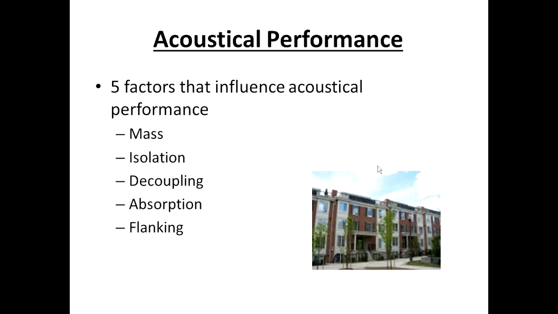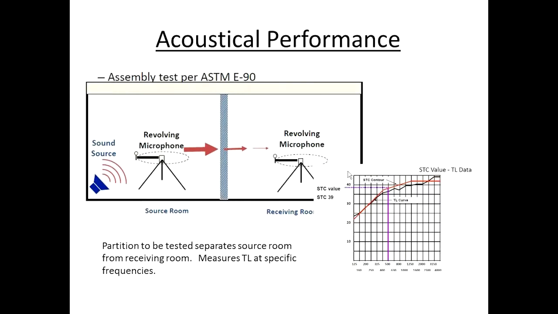So we get another net loss in sound transfer through an assembly if we add absorption. So we have four positives now, one negative. The negative is flanking. And it's a surefire way of killing what could be an otherwise good sound performing wall or floor ceiling assembly.